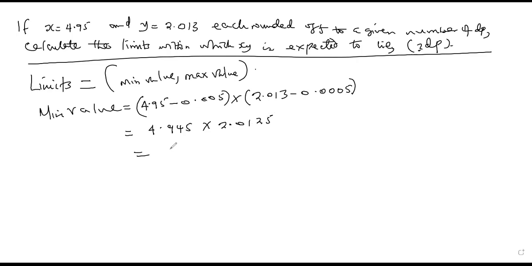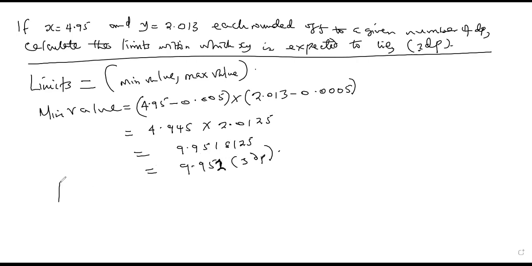So the minimum value is 9.9518125. But if we had to go with the decimal places needed, it will be 9.952, to 3 decimal places.